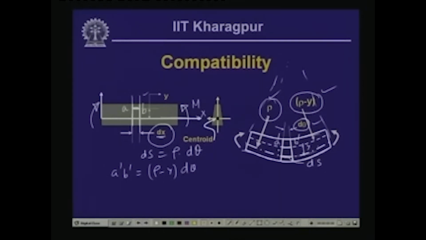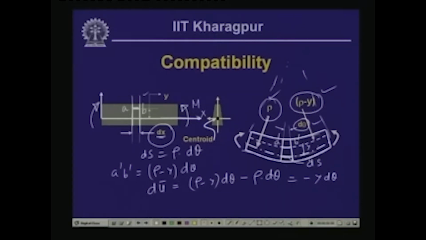So, the change in the length that occurs, the deformation, if we call this du bar, is equal to rho minus y d theta, this is the final length, minus the original length which is rho d theta. Rho d theta gets cancelled. So, this is minus y d theta.